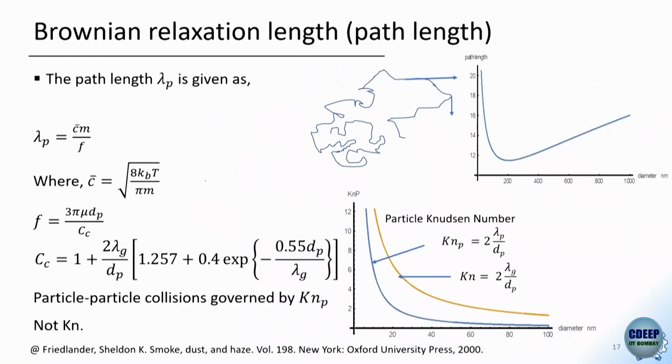Yeah, this we had already learnt, but now as we enter Brownian coagulation, that concept becomes very important, the concept of the so called particle Knudsen number, which we mentioned, correct. It came from the concept of a Brownian path length.